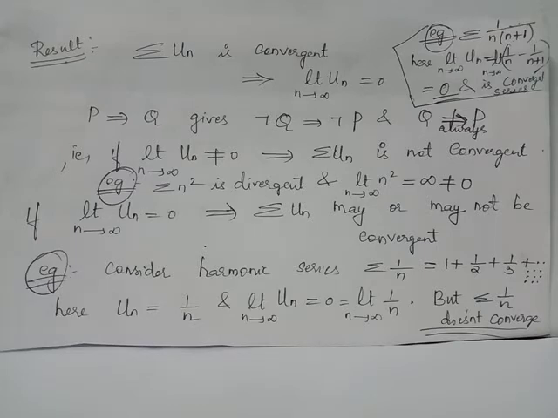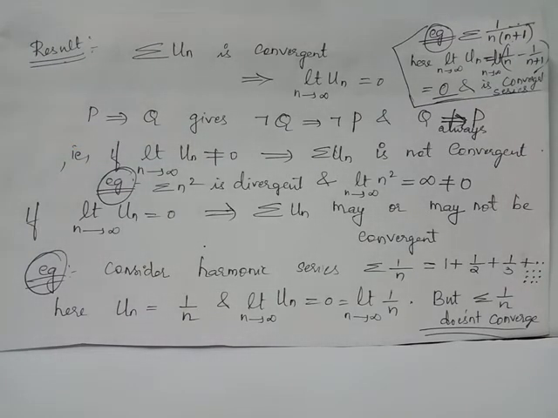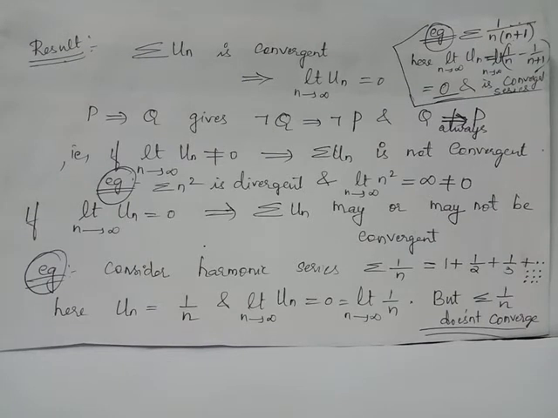Another point is the converse of this statement. If you consider P implies Q, which is a true statement, does it always mean that Q will imply P? It's not compulsory that Q always implies P. If P implies Q, it may or may not be true that Q implies P. So we generally say that Q does not always imply P. It may or may not be true.